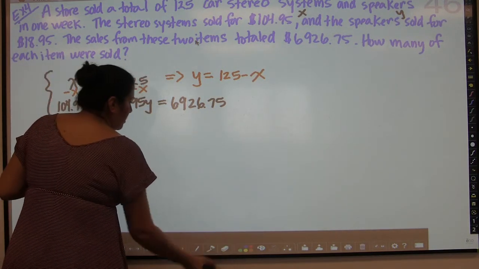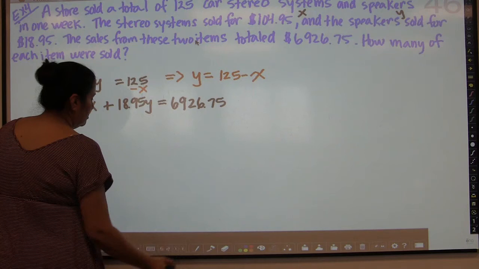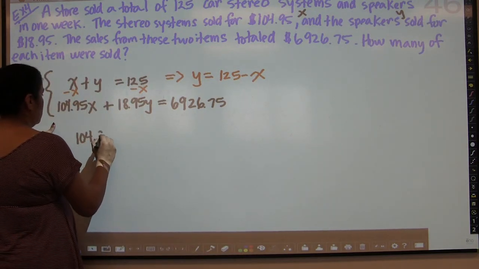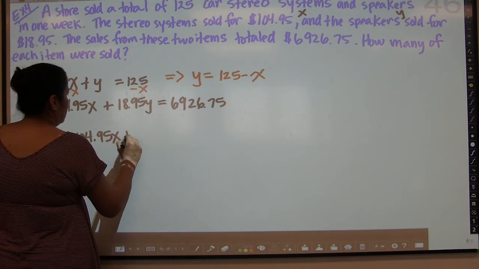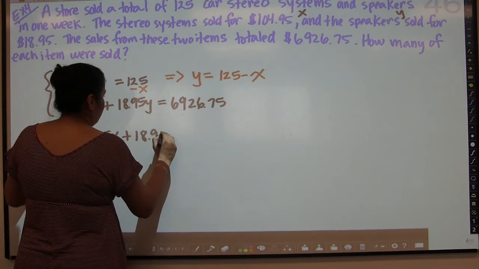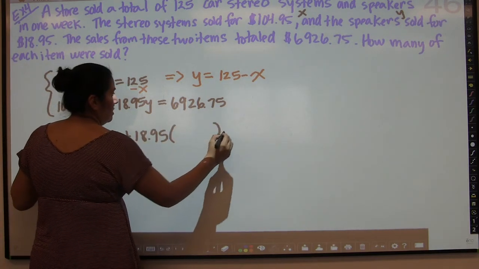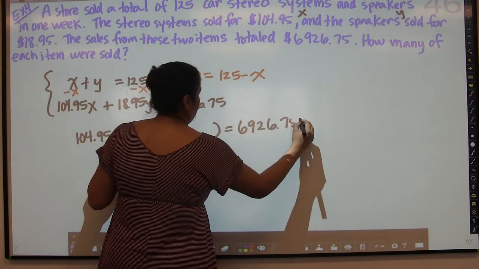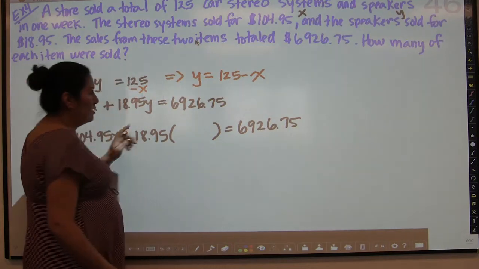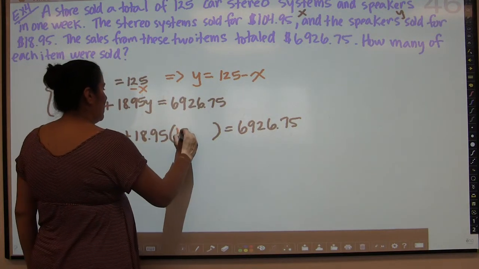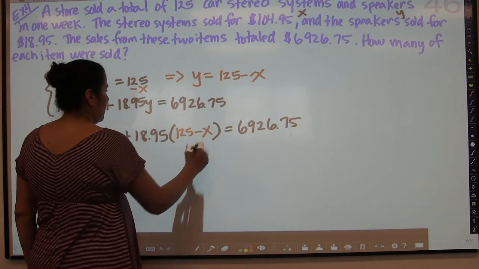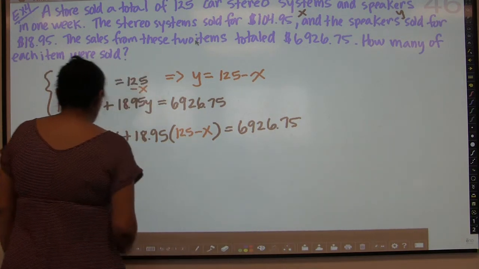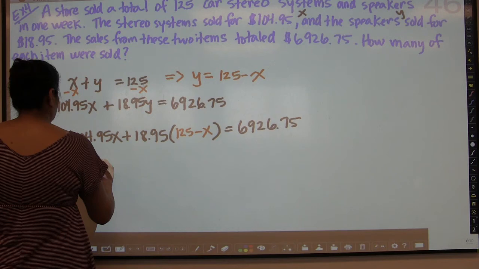Then I'm going to take my second equation, 104.95X plus 18.95 times Y equals 6926.75. And since Y equals 125 minus X, I'm going to replace the Y in the second equation with 125 minus X. And then I'm going to solve.